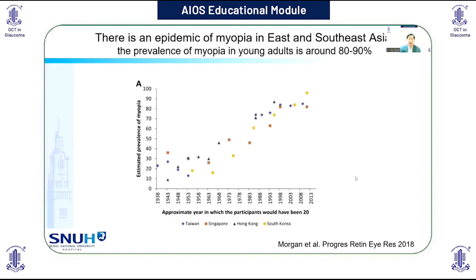This graph clearly shows that in the recent 80 or 90 years, a dramatic increase in myopic eyes is seen in Taiwan, Singapore, Hong Kong, and Korea.